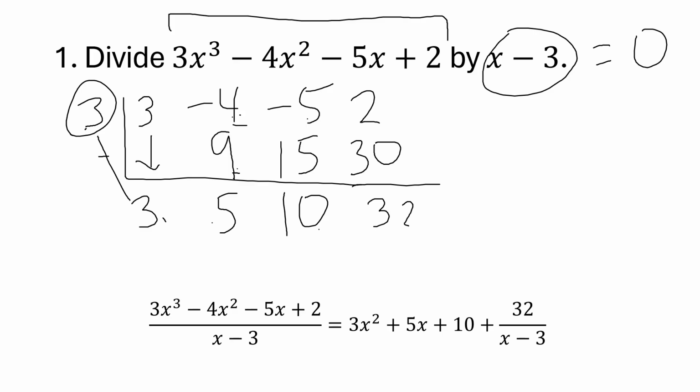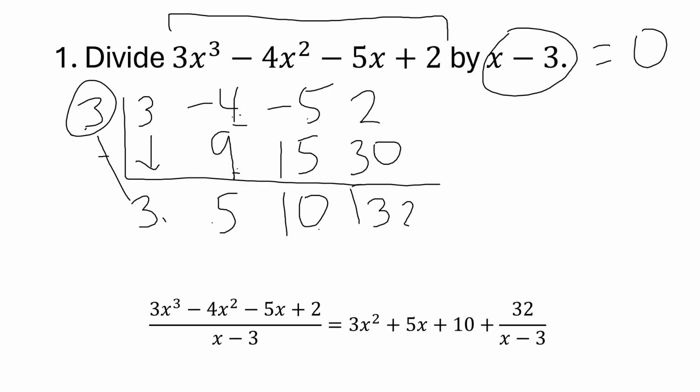Now, anytime you have a polynomial of degree, let's say m, divided by a polynomial of degree, let's say n, then the resulting polynomial will have a degree of the difference in their degrees. So in this case, we have a cubic polynomial with degree 3 and a linear one with degree 1. So the final one should have a degree of what? 2. And that has a maximum of 3 terms.